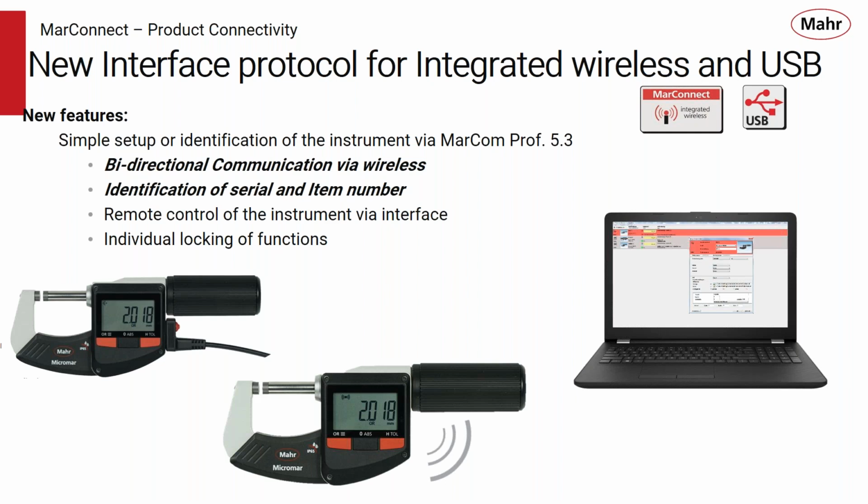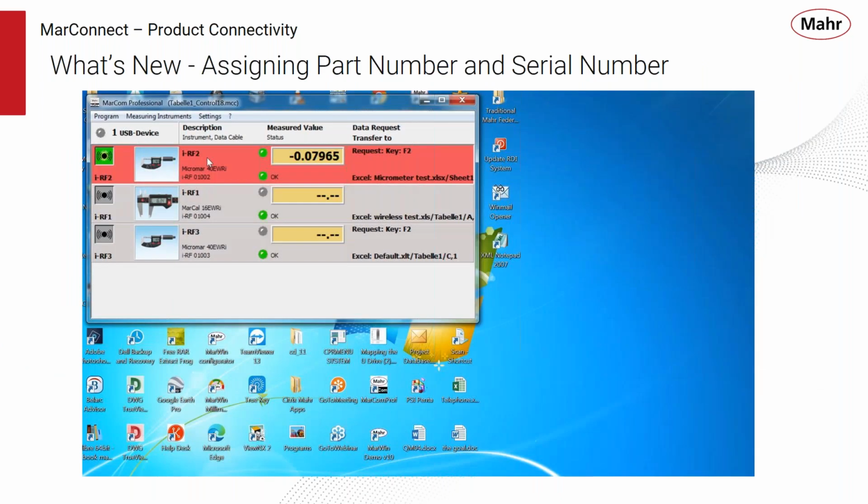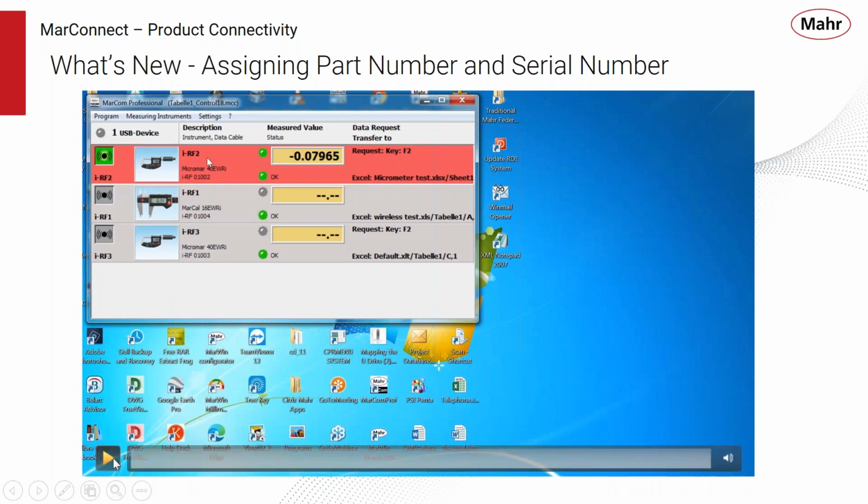All those things can be done in MarCom. So with two-way communication, there's a lot more power built into the system. Like I said, the big one, I think, is assigning part numbers and serial numbers.